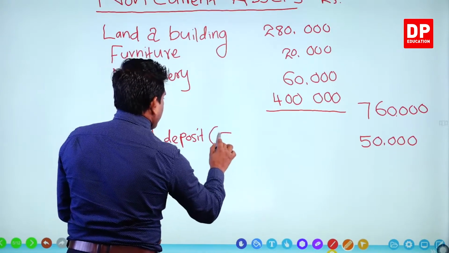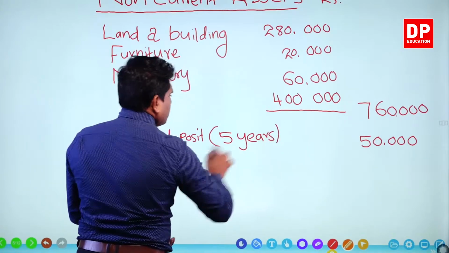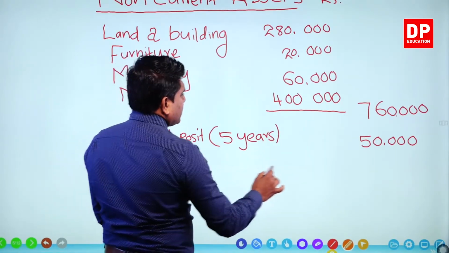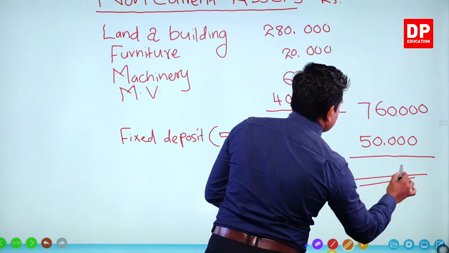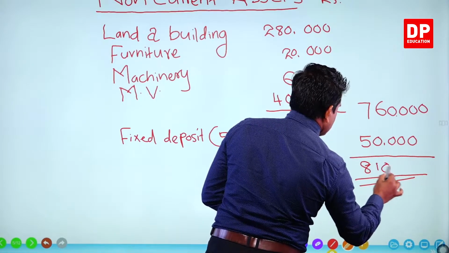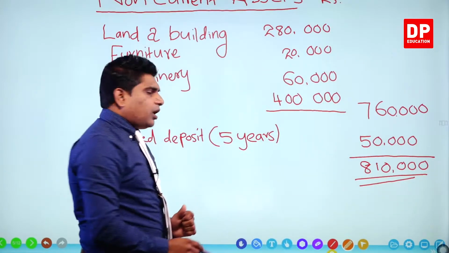Actually it is 5 years, right? More than 1 year, no? But we write it separately. Then you add this. Tell me the total non-current assets. 810,000 like that.